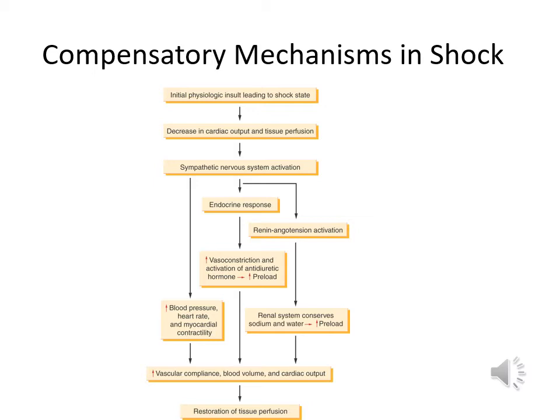Increasing serum sodium can stimulate the antidiuretic hormone, ADH, which in turn can cause the kidneys to retain water. This raises the blood volume. So you can really see here the pathophysiology and the mechanisms of compensation that are going on in shock.